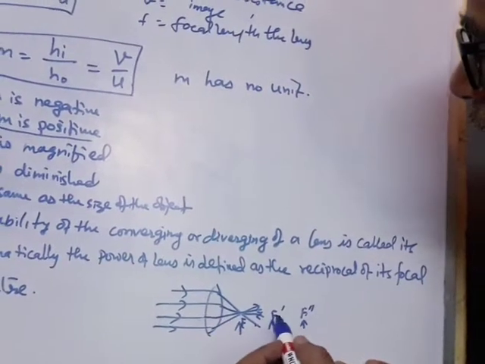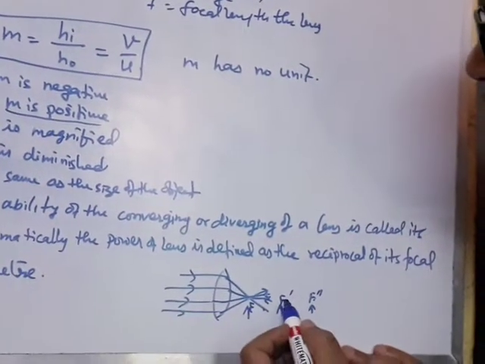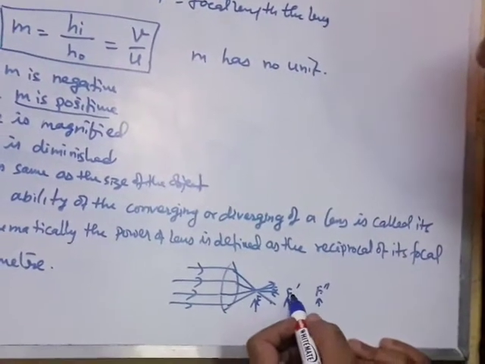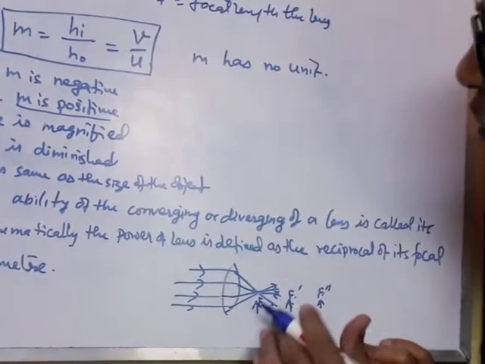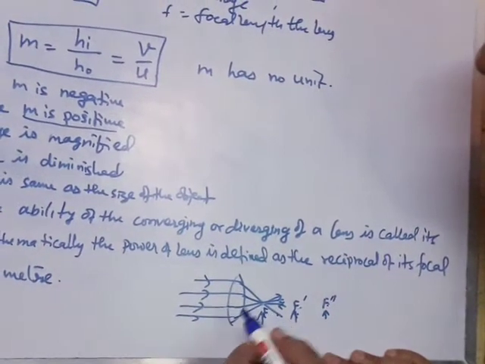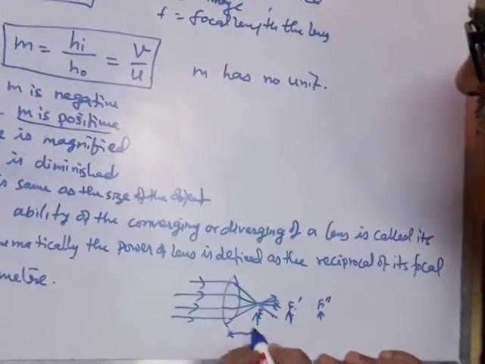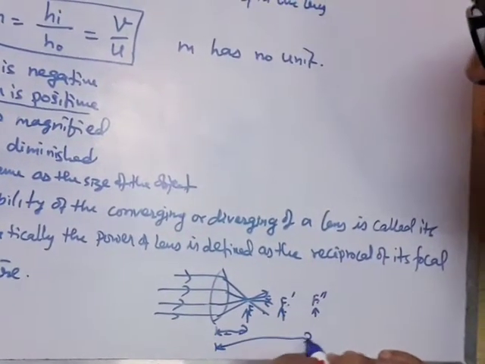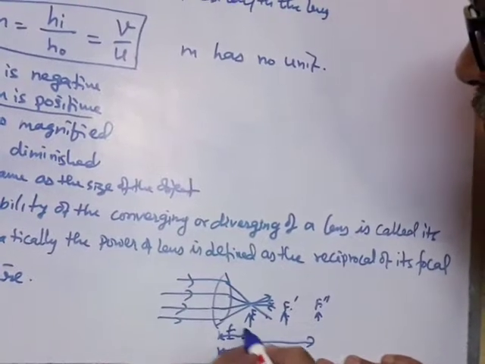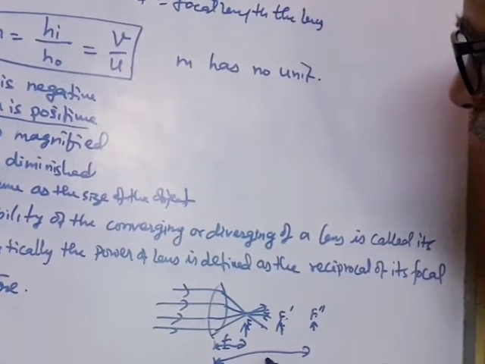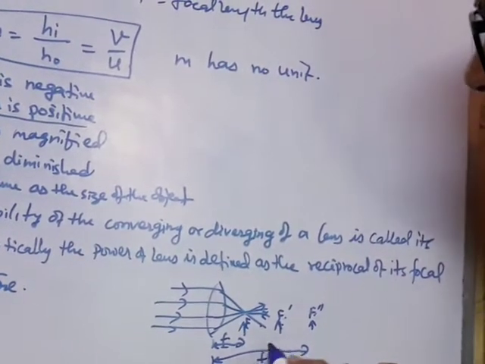And if the principal focus is at f dash, which is more close to the lens, then its ability of convergence is more. In this way we can say its power is more here as compared to here. So when the focal length is smaller, the power is more, and when the focal length is more, the power of the lens is less.